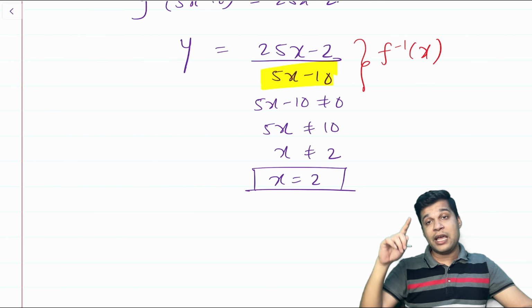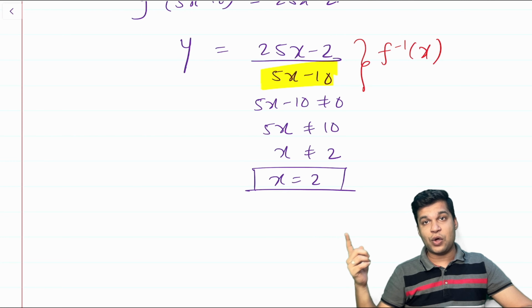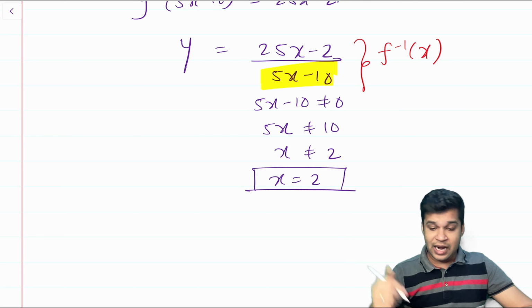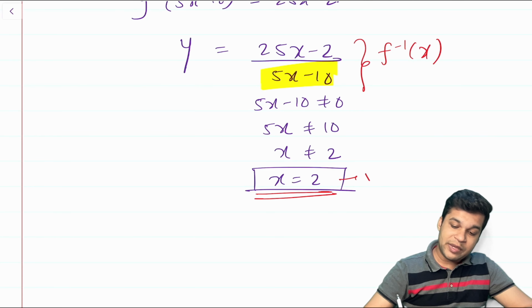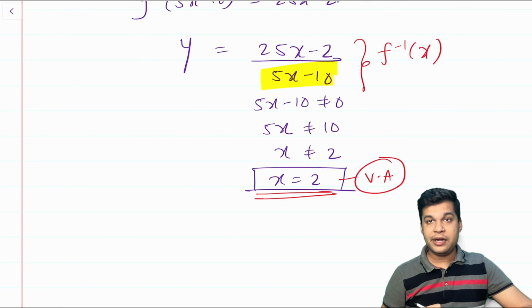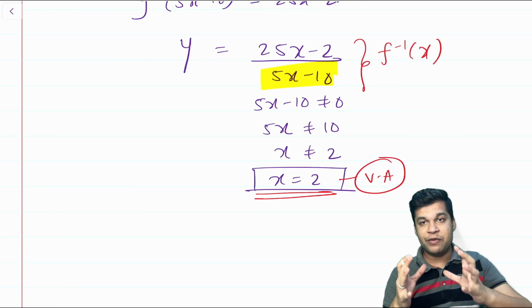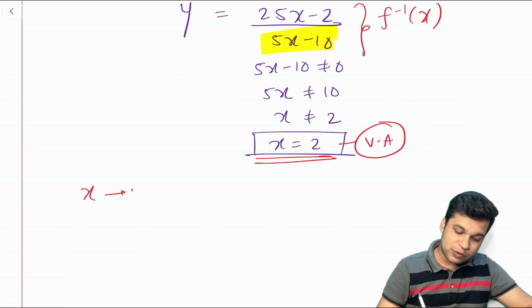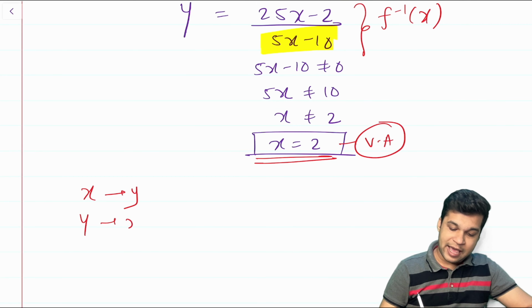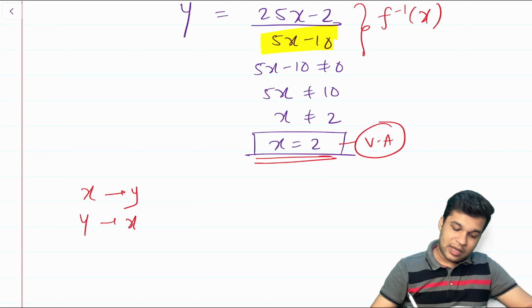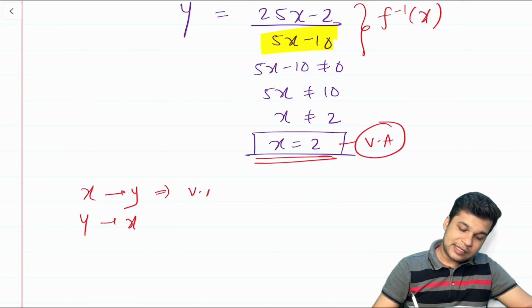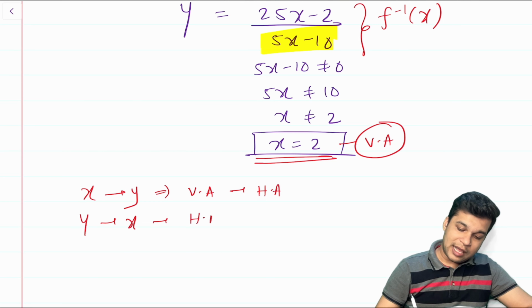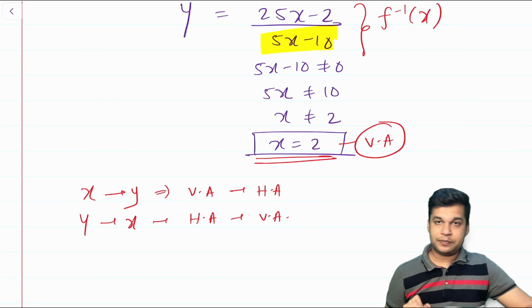So if you draw the inverse of the function that we had earlier, in that inverse function graph, x equal to 2 will be a vertical asymptote, right? But if you remember, in the inverse functions, I have already discussed that x becomes y and y becomes x, which means the vertical asymptote becomes the horizontal asymptote and the horizontal asymptote becomes the vertical asymptote.